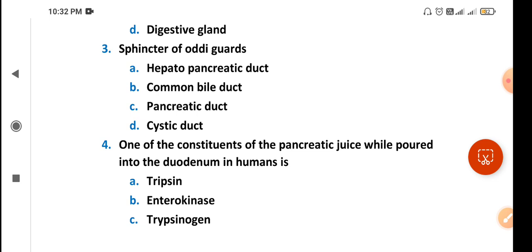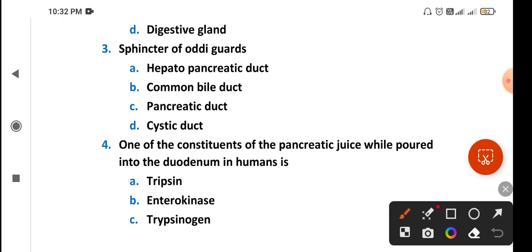The common bile duct is formed where the cystic duct and bile duct are fused. The pancreatic duct is the duct which comes from the pancreas, and the cystic duct is the duct of the gallbladder. So the correct option for this will be the first option only.